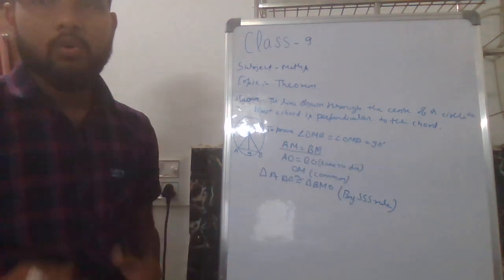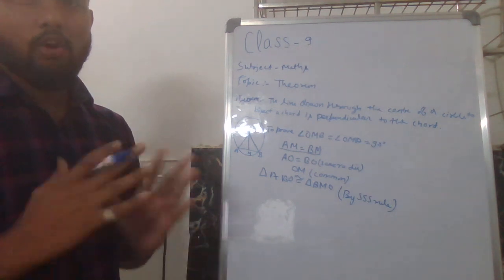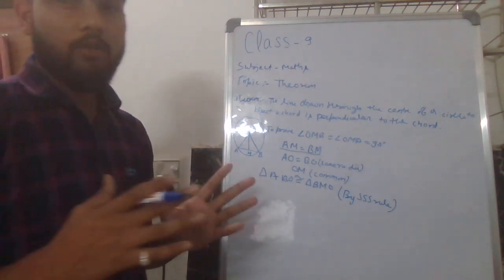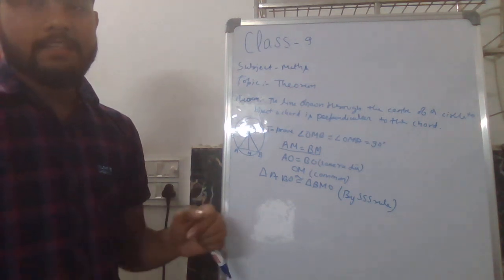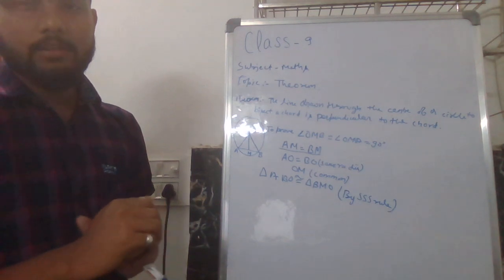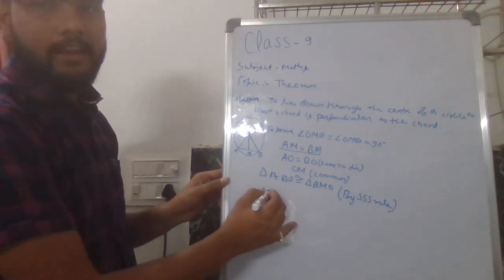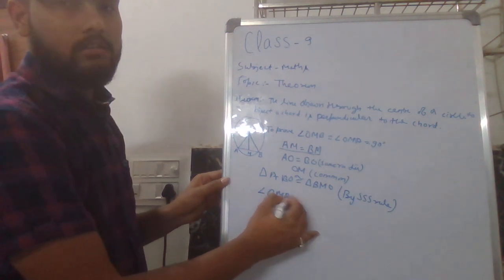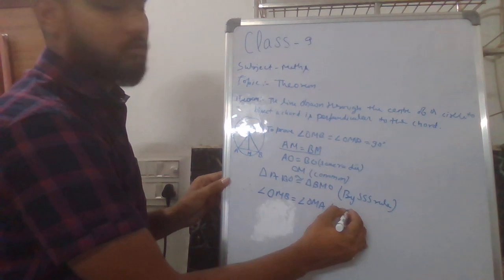Okay, so now tell me, we have proved that these two triangles are congruent. Now what to do ahead in this theorem? Here we use the CPCT rule. After using the CPCT rule, therefore angle OMB is equal to angle OMA by CPCT.